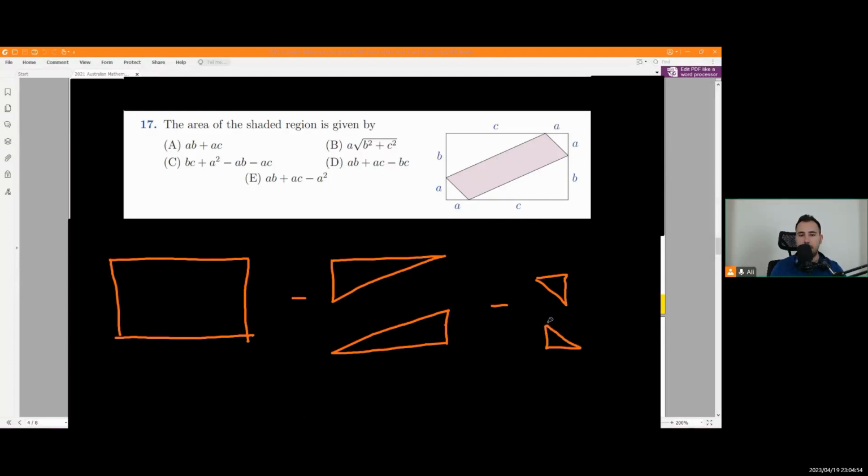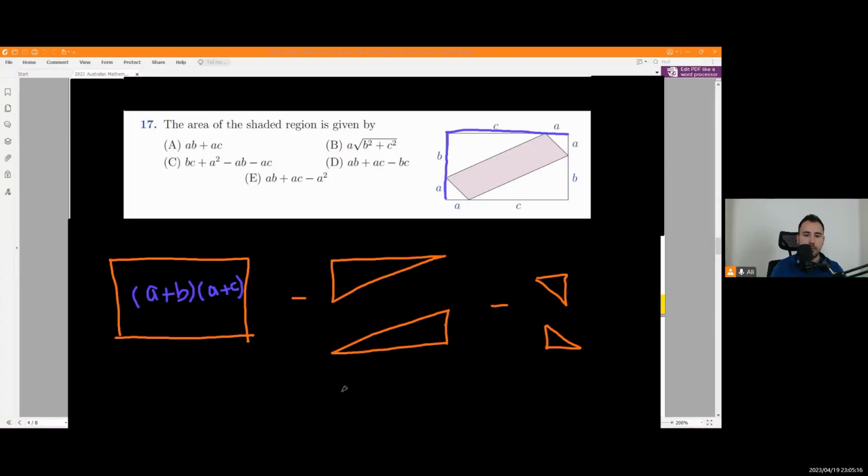Not very difficult. So let's write them. The large one is going to be a plus b multiplied by a plus c.